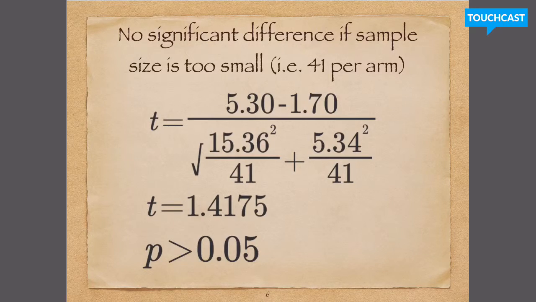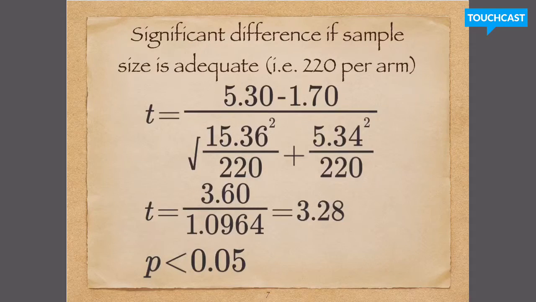Let's say the student followed my earlier advice and kept to the sample size of 220 per arm, and she got the same results as in the literature review, which is 5.3 viral load for dengue fever and 1.7 viral load for dengue hemorrhagic fever. You can see here we changed the 41 in the earlier slide to 220.